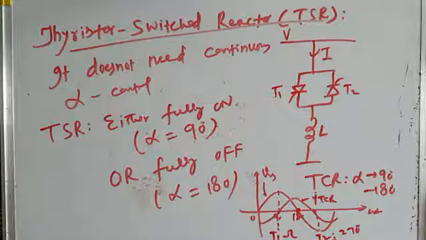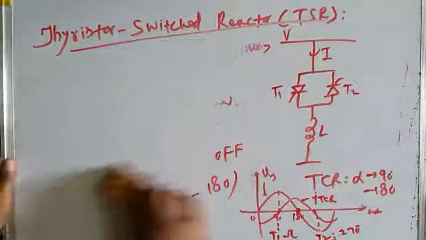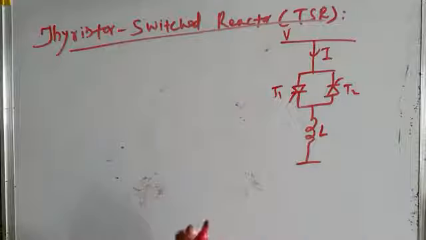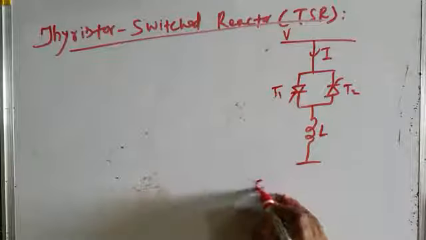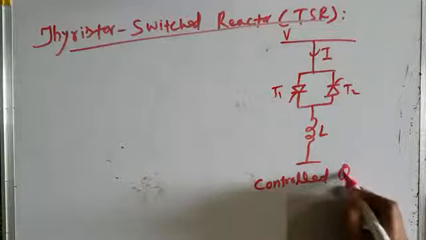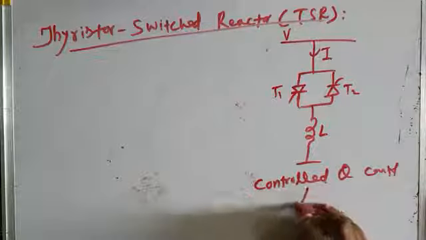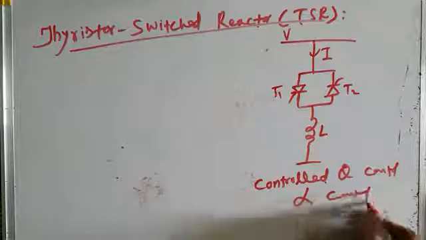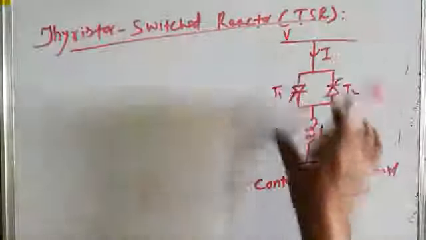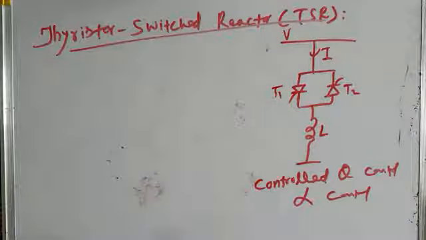Now the question is, where do we need this TSR? Because you may require controlled reactive power control. Generally, in SVC, controlled reactive power control is required, for which alpha control is required. But TSR has no alpha control. Either the switch is fully on when alpha is equal to 90 degrees, or it is fully off.